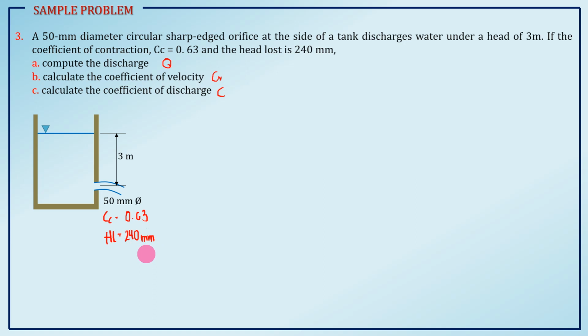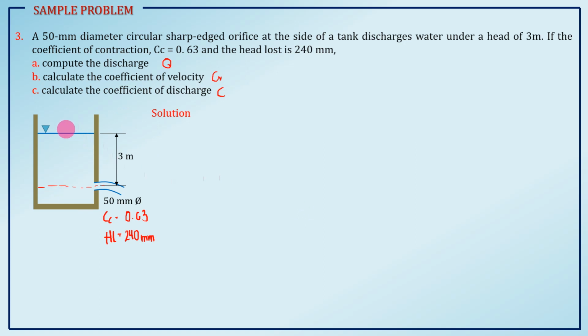So, let's start our solution by defining our points, point 1 and point 2. For now, we will not pick the points at the center of the orifice, our datum. This is still the datum, but we will change the location of the points, because there is a different way of solving it.